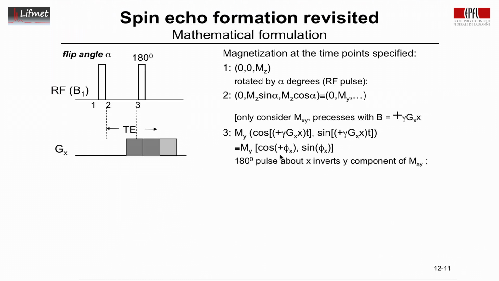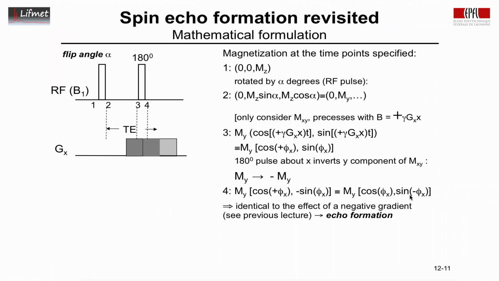Now the 180 degree pulse inverts the y component of the magnetization, so my becomes minus my at this point. And so we can now write this as my times cosine phi x minus sine phi x, or my cosine minus phi x and sine minus phi x. So this is essentially identical to the effect of a negative gradient, like we have argued last week, and therefore it produces an echo.